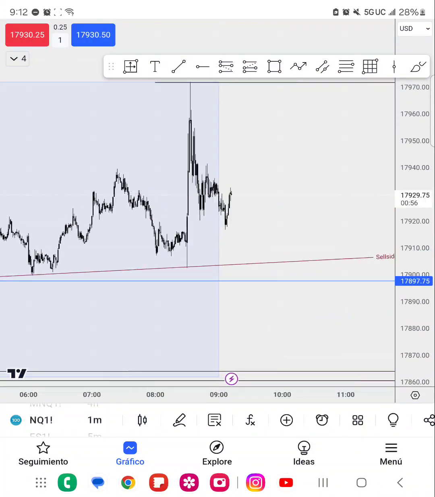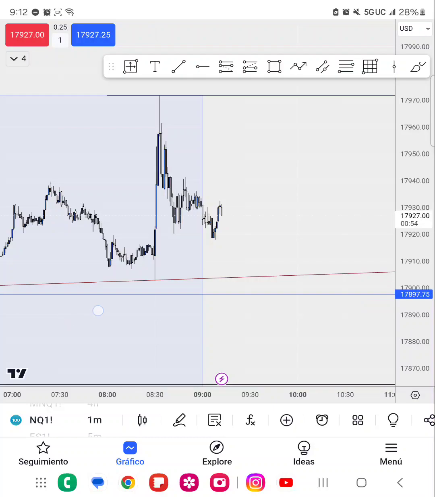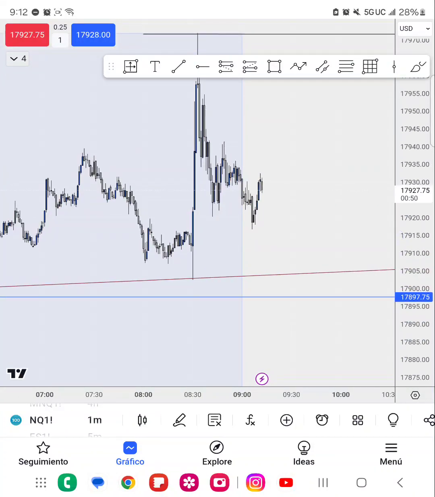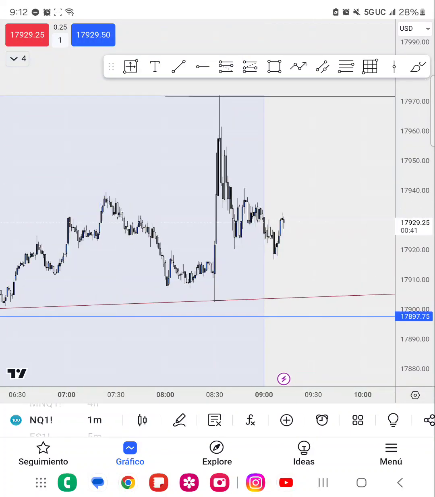Sell side liquidity. Accumulation, manipulation, expansion, AMD. That's the same pattern that pretty much forms in the daily candle.